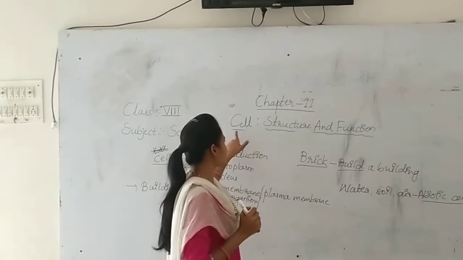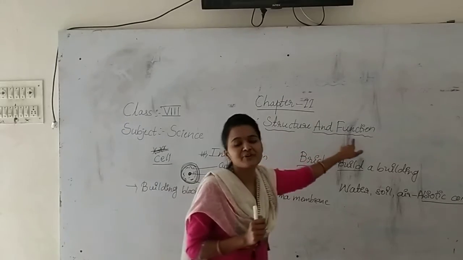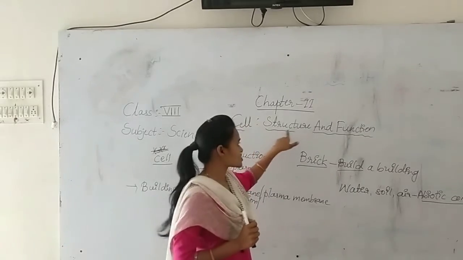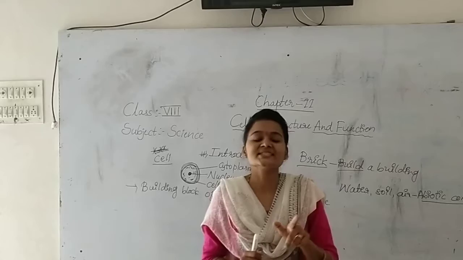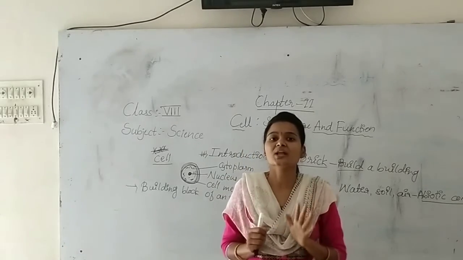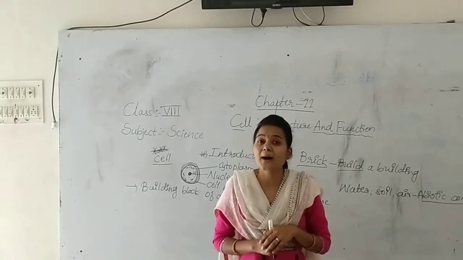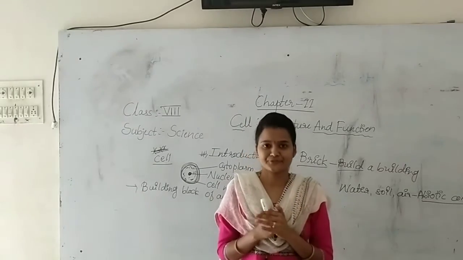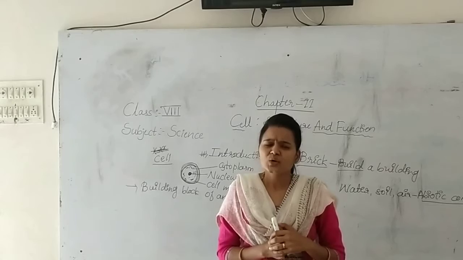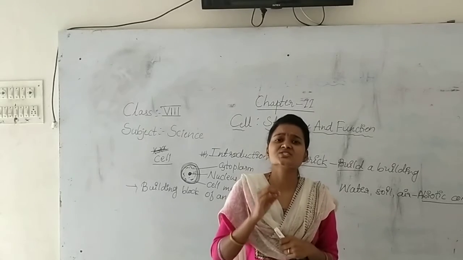The chapter itself says cell, structure and function. So the cell is the structural and functional unit of an organism, or of life. Why do we call a cell a structural unit?